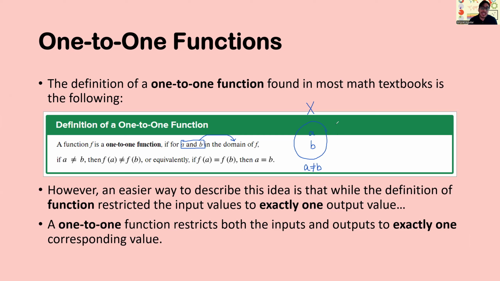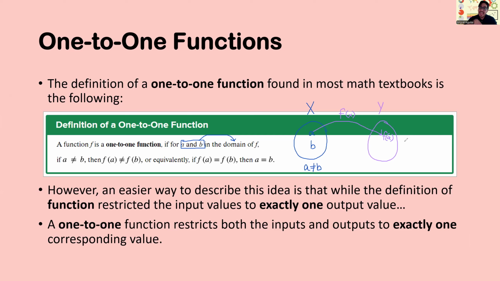Okay, so if we have two different numbers in the domain of our function, then when we map them to the range, we usually take this number, whatever it is, and plug it into the function f of x, right? And so if we do that, we would get f of a, which is essentially a y value or an element in the range.